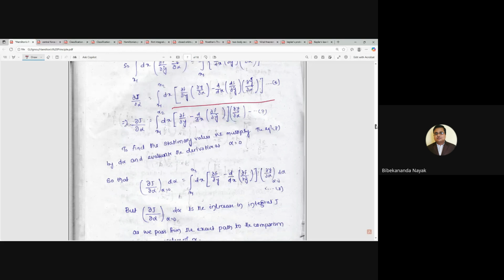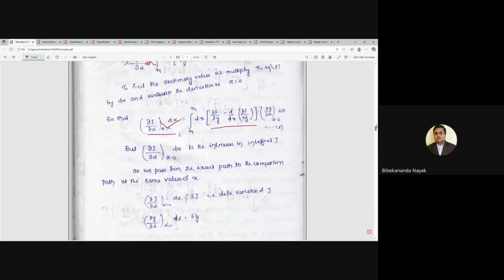Now I am multiplying with d alpha on both sides, and taking the condition that del J by del alpha is equal to 0, because for the actual path, del J by del alpha is equal to 0. So for the actual path this is 0, that means this integral must vanish. The del y are all independent coordinates. If the left hand side is 0, the integrand must vanish.